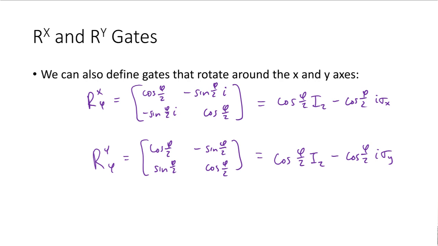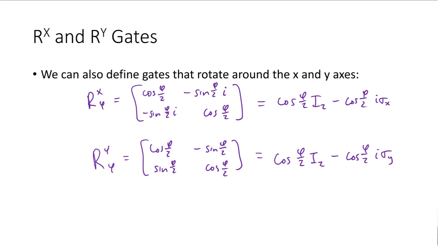All right, so we can also define gates that rotate around X and Y in general. Just as R z phi is an arbitrary rotation around the z-axis, we can define R x phi as a generic rotation around the x-axis.